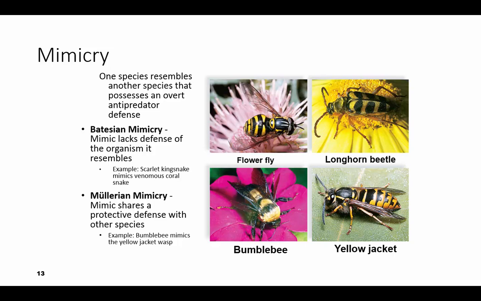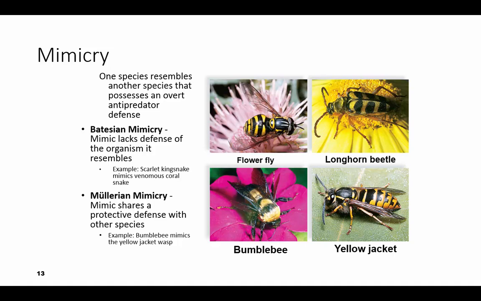The coral snake is very venomous. The king snake is harmless, but the coral snake is red on yellow and then black. But then the king snake is red on black and then yellow. So it's mimicking the coral snake.